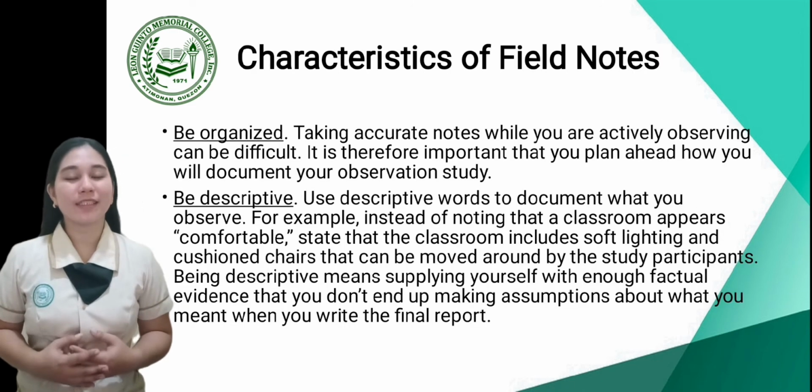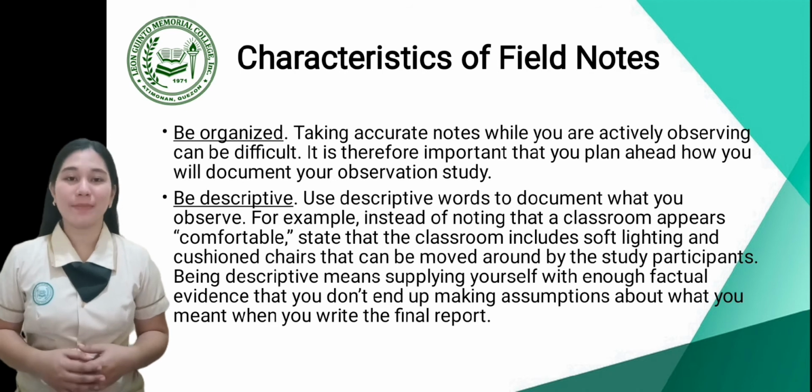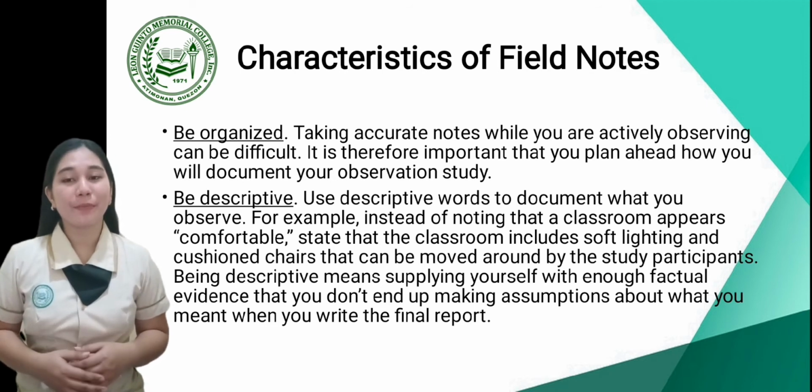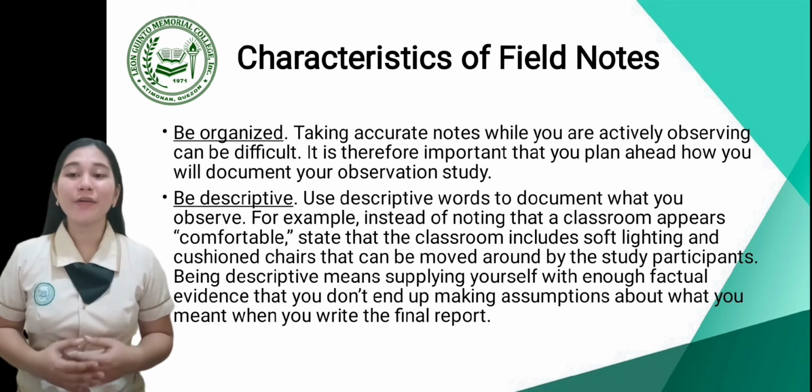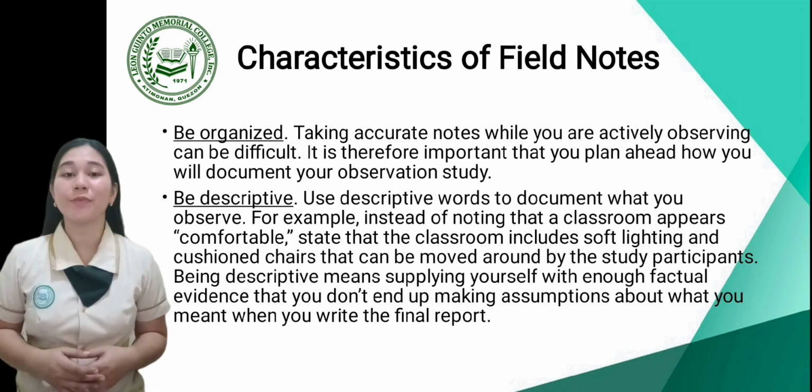Characteristics of field notes. Be organized. Taking accurate notes while you are actively observing can be difficult. It is therefore important that you plan ahead how you will document your observation study. Be descriptive. Use descriptive words to document what you observe.